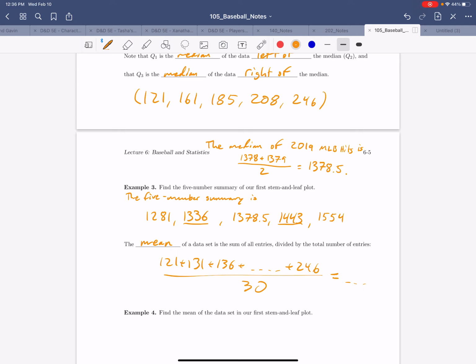Well, if you want to know the placeholder for the median, it's the first plus the last place divided by 2. So in our case, it was 1 plus 15, 16, divided by 2, 8. That's the middle of 15 and 1, right? It's the average of 15 and 1.